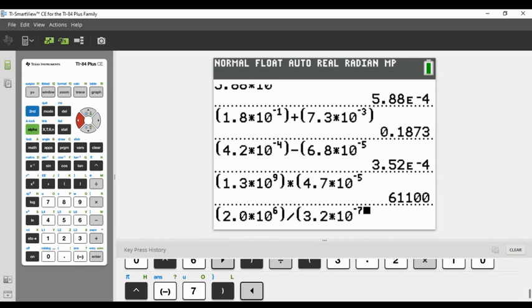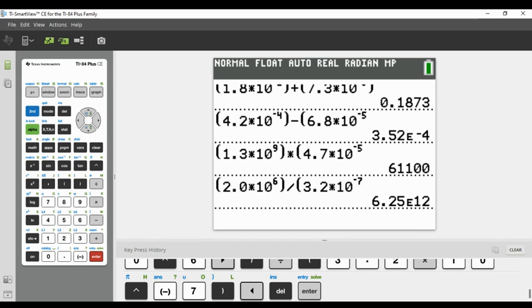See what happens? Delete that and just hit enter. Okay, and this one gave it to you in scientific notation. So 6.25 times 10 to the 12th.